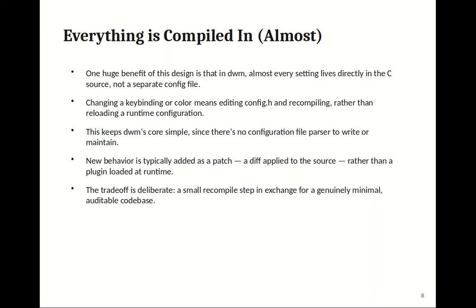This keeps DWM's core simple, since there's no configuration file parser to write or maintain. New behavior is typically added as a patch or diff applied to the source rather than a plugin loaded at runtime. The trade-off is deliberate, a small recompile step in exchange for a genuinely minimal, auditable codebase.